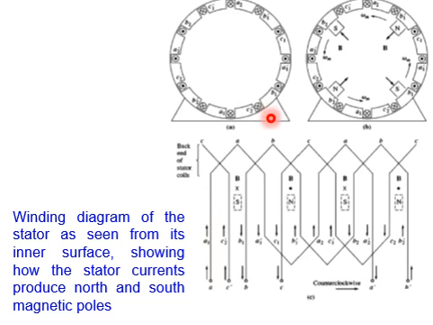Then we have C2 bar going into the paper, B1 coming out of the paper, A1 bar coming out of the paper, C1 coming out of the paper.